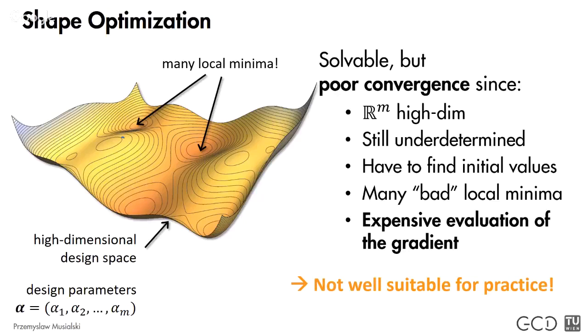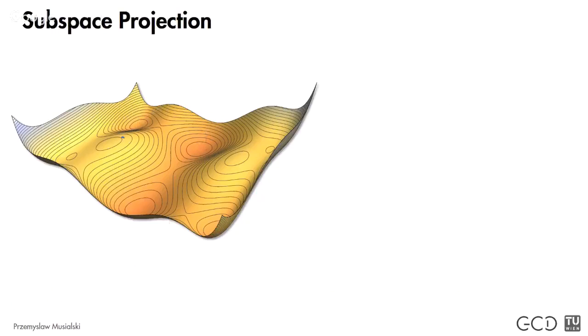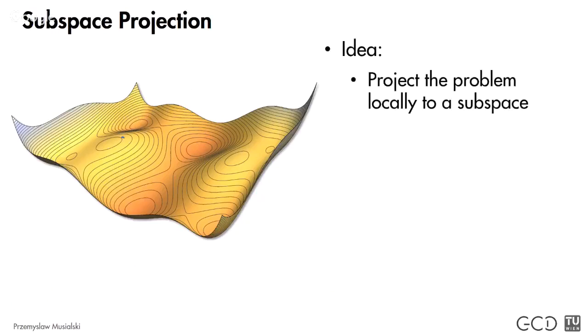And here we came up with an idea which we call subspace projection. And the idea is to project the problem again to a lower dimensional space, but only locally, and project it to as low dimensional a space as possible. So that means when we are looking for 4 frequencies of the shape, let's project it to a 4-dimensional space.